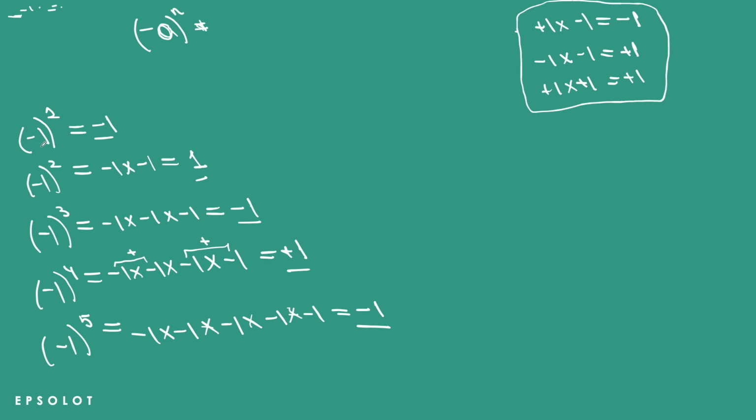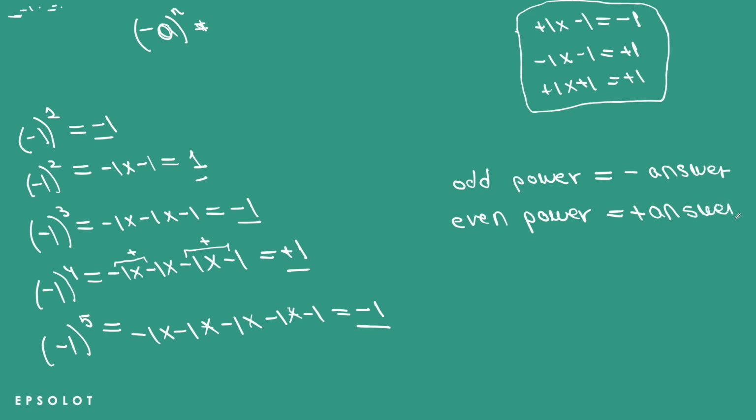If you're raising a negative base to an odd power, then you get a negative answer. If you are raising it to an even power, then you always get a positive answer. And that essentially is the main highlight that we need to look at.